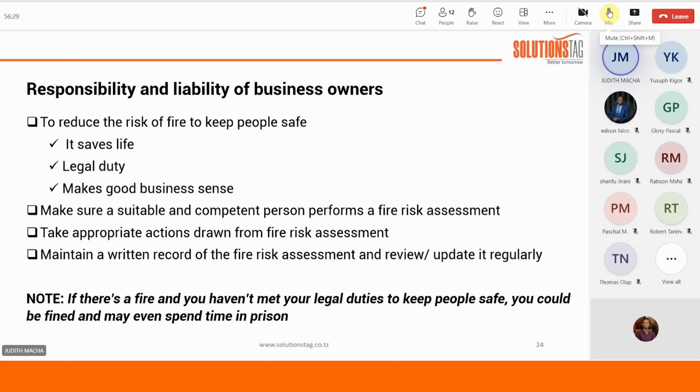After you have the report, you have to take appropriate action on whatever decisions and recommendations were put forward in that assessment, to reduce the risk as low as possible. You also have to maintain a written record and documentation of that assessment, and review and update it regularly as required.